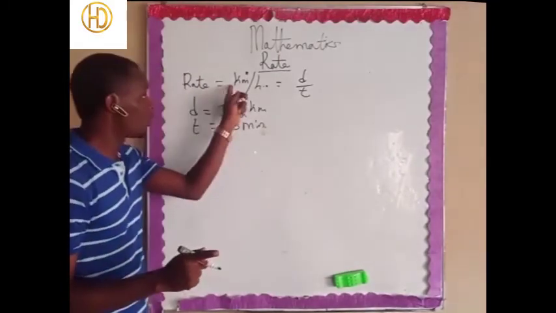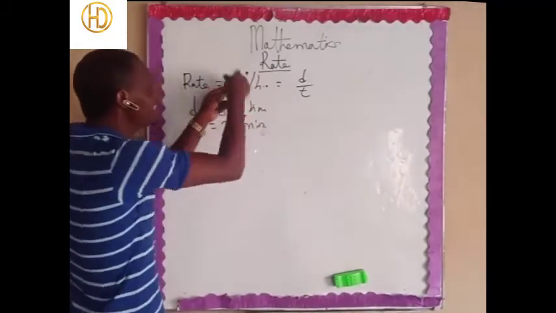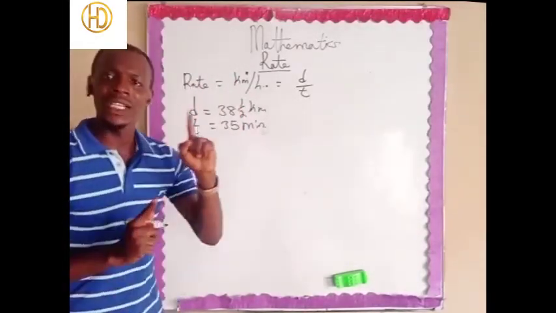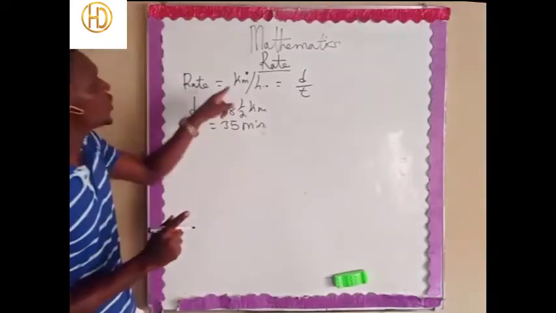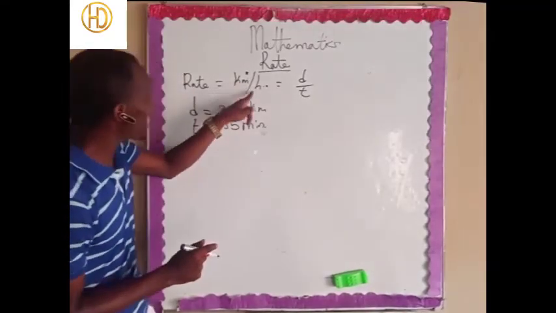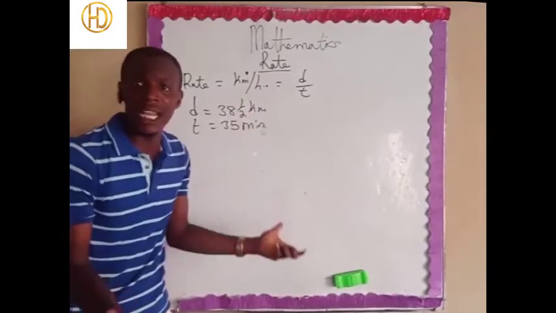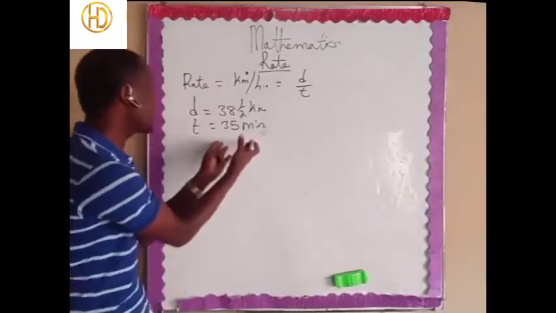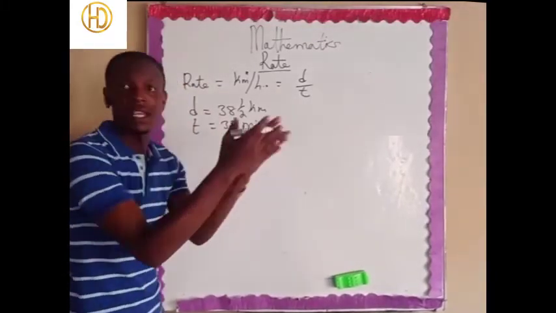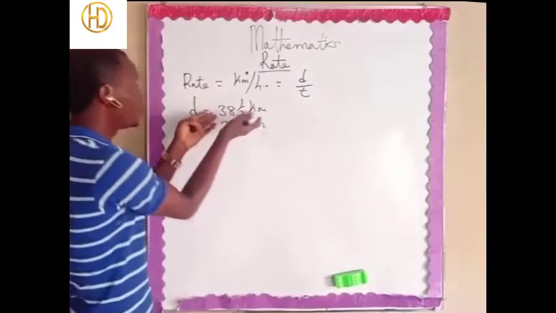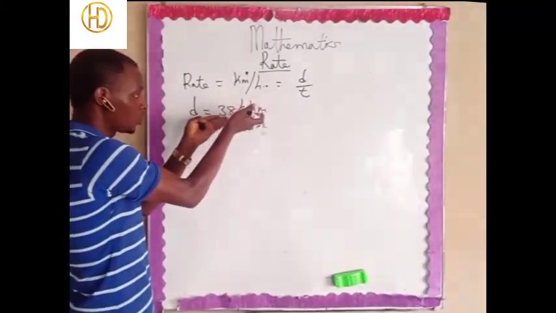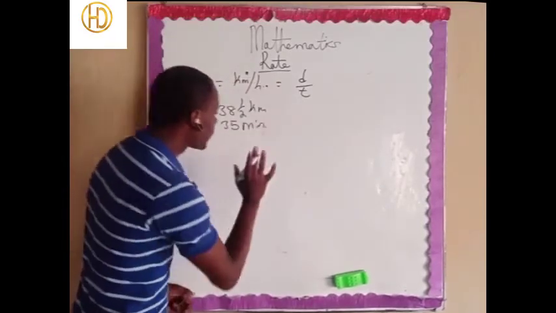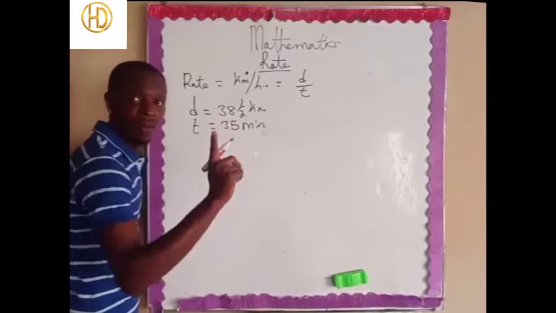Dividing the distance by the time, make sure the distance is in kilometer and the time is in hour. Unfortunately, the question is in minutes. That means we have to convert this 35 minutes to hour.